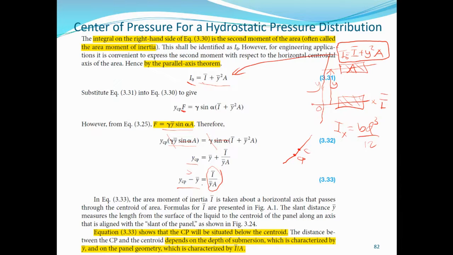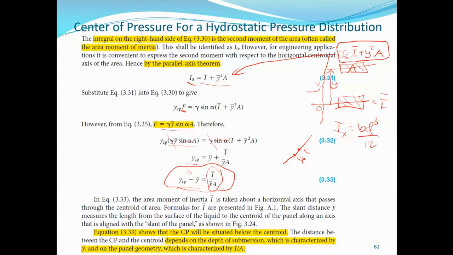So with this formula now, we can find the center of pressure. This derivation is very important, but the most important thing is the formula and the application of the formula, which we are going to do in the next example.